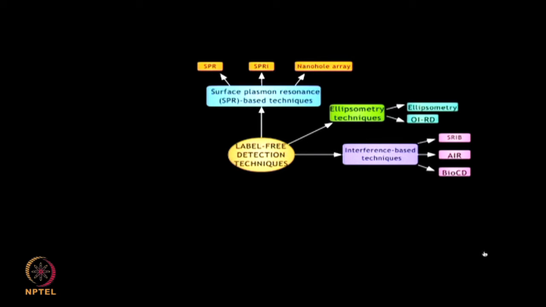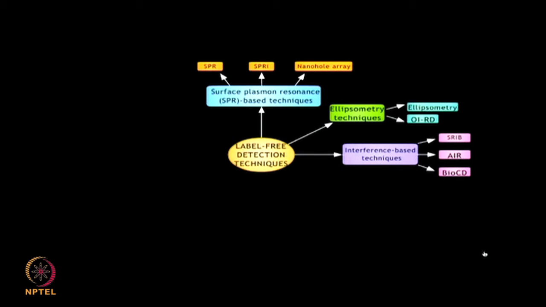The various detection strategies that make use of this principle include SRIB, AIR and BioCD. First, SRIB, spectral reflectance imaging biosensor. The changes in optical index due to capture of molecules on the array surface are detected using optical wave interference.